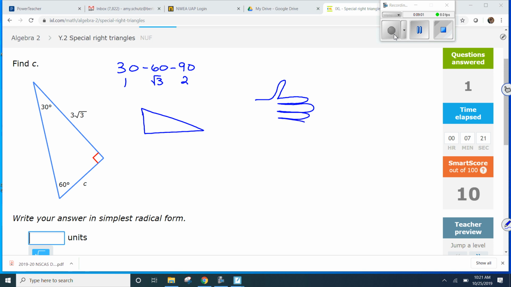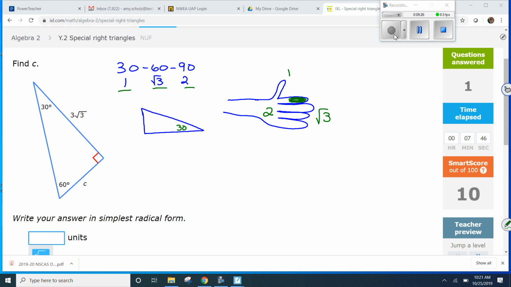My fingers getting fatter or something. Okay, so if you look at your hand, and if you were to hold in this 60 degrees, you see you have 1 and you have radical 3, and the palm of your hand is 2. So that gives you this ratio of 1, radical 3, 2, if you need a way to help understand what that triangle should look like.